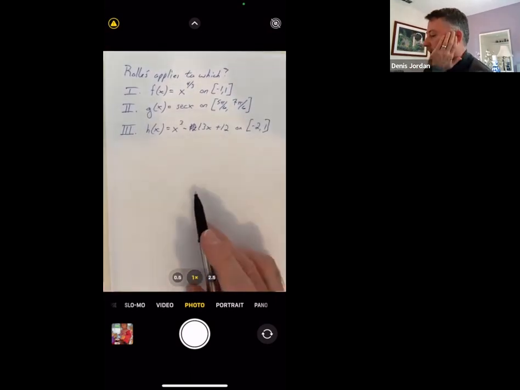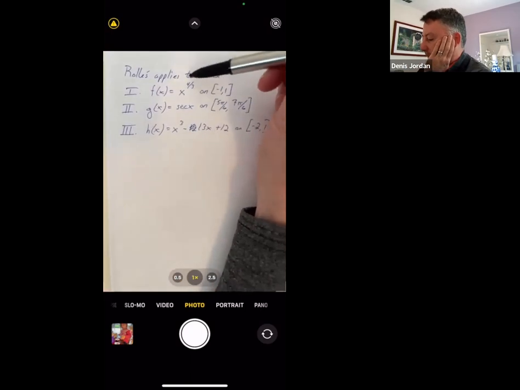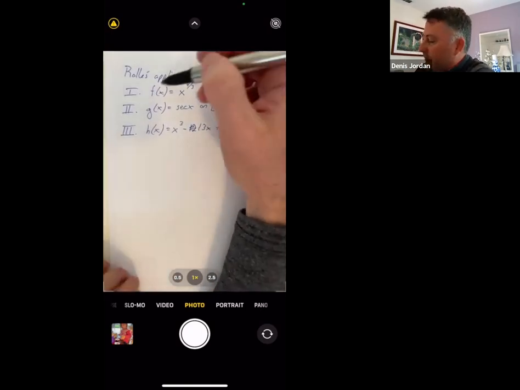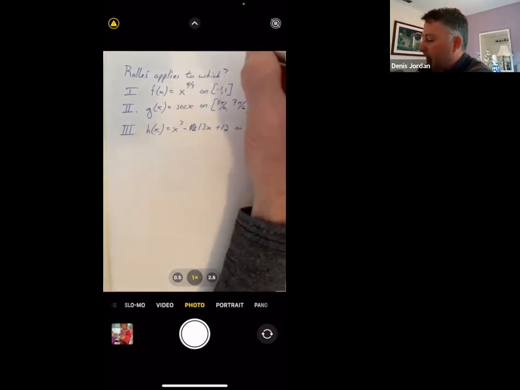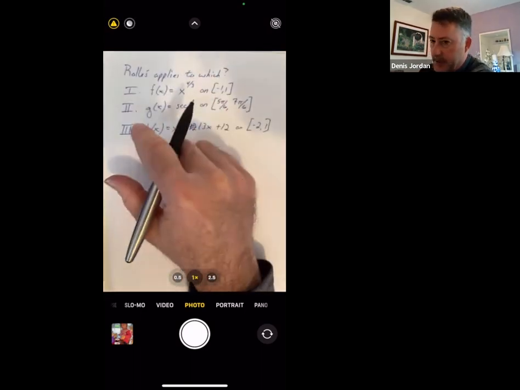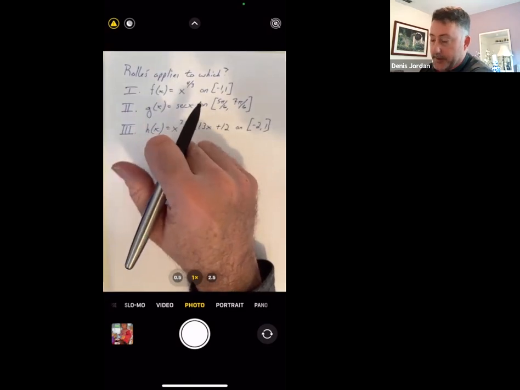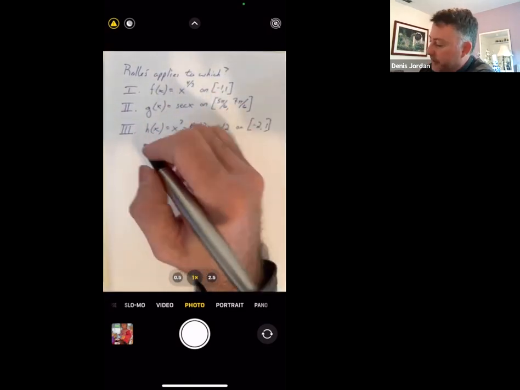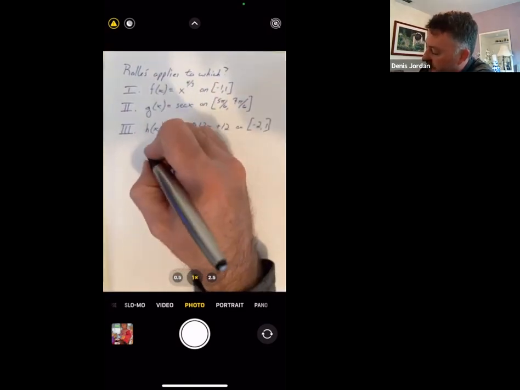Okay, so which of the following can you apply Rolle's theorem to? There are three things to check before you can say it applies or doesn't apply. What are the three criteria?